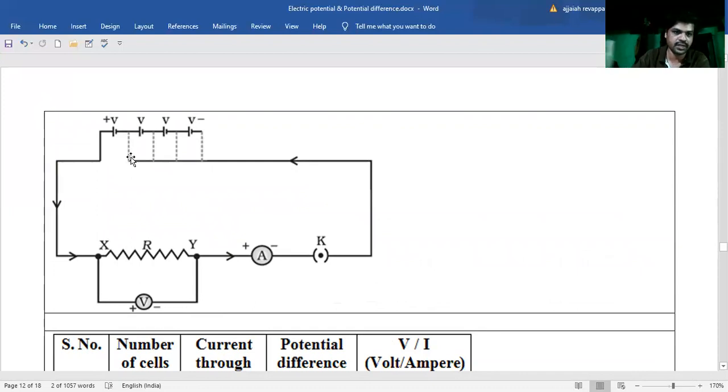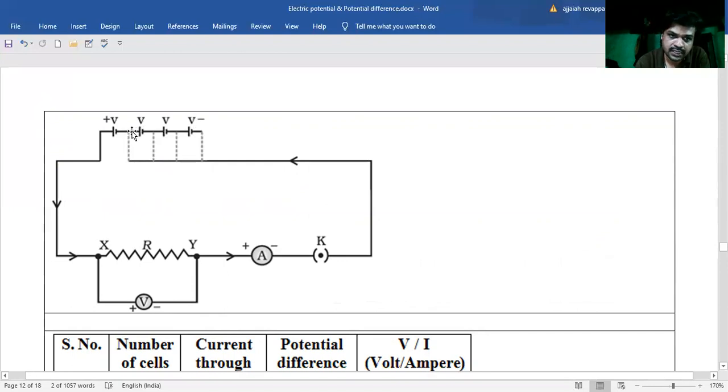When I increase the voltage by connecting second cell, third cell, fourth cell, is the current also going to increase accordingly at the same rate or not? That is what we are going to learn through this experiment, through this activity.